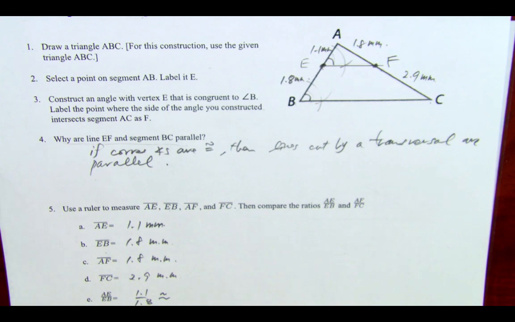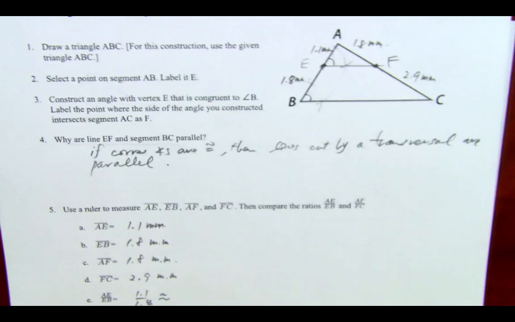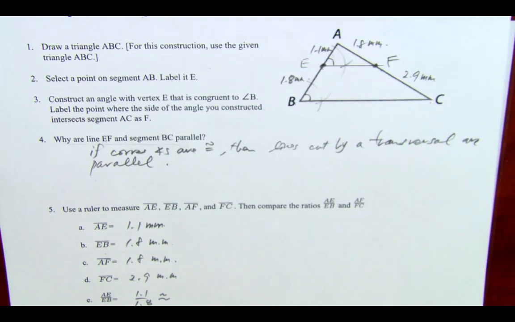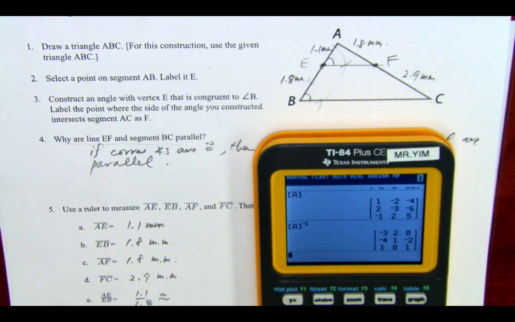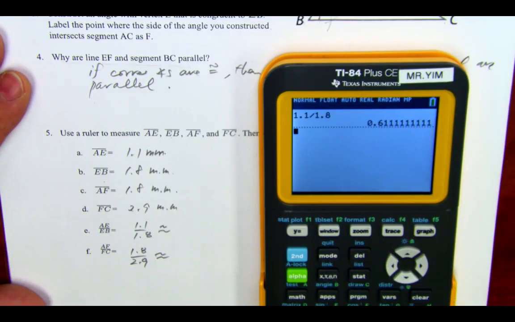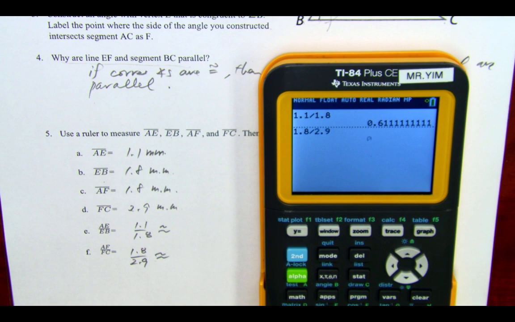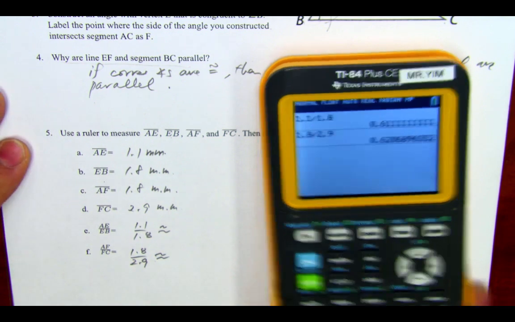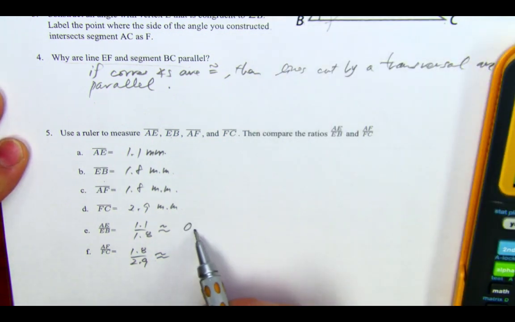Let's put that in a calculator and see what the value is. Okay, they're very, very close. So this is 0.61 and this is 0.62.